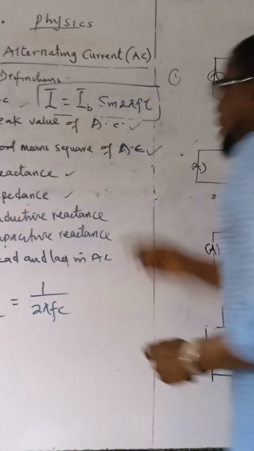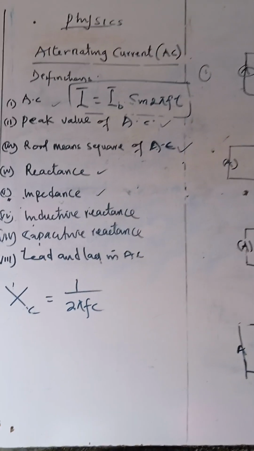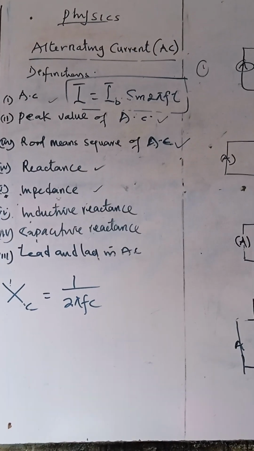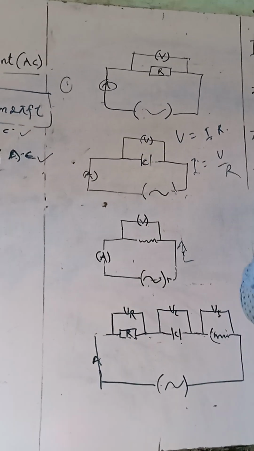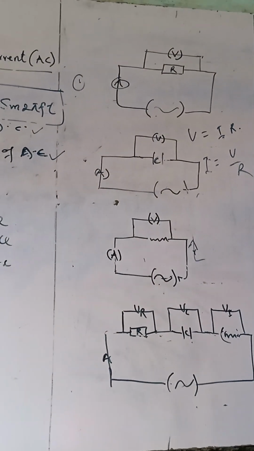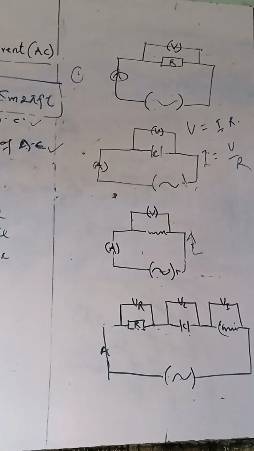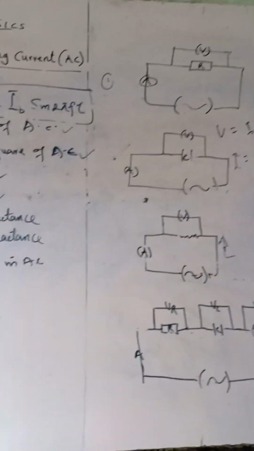So for you to calculate capacitive reactance, this is the formula you need. Now, the other type of reactance is inductive reactance. So this circuit will give an inductive reactance. Why? Only inductor is used as the only regulator. So how do we now define inductive reactance?